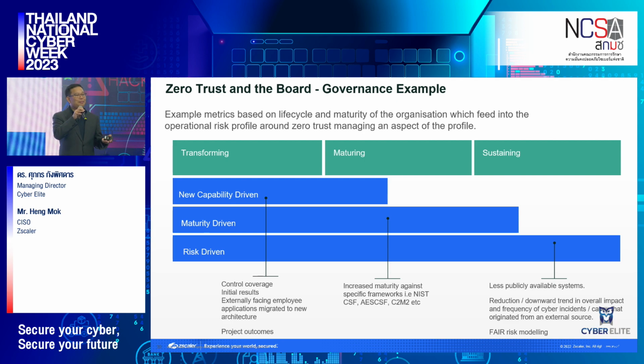So when it's new capability driven, it's all about the project metrics at that point in time because you haven't operationalized the architecture. When you are maturity driven, you're going to be measuring your maturity both against industry, but also against where you are from a NIST capability perspective as an example, or some of the other frameworks that are out in the industry.